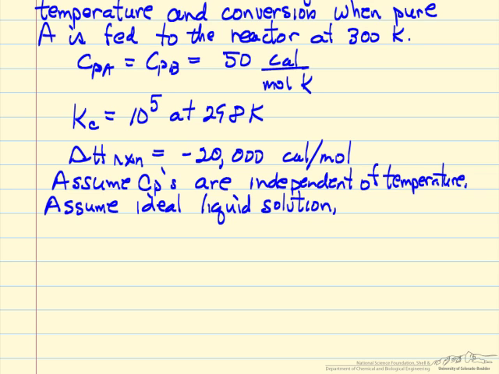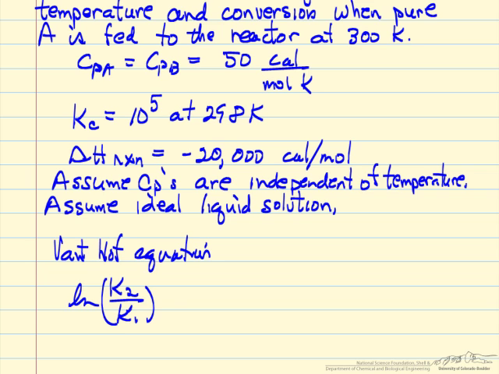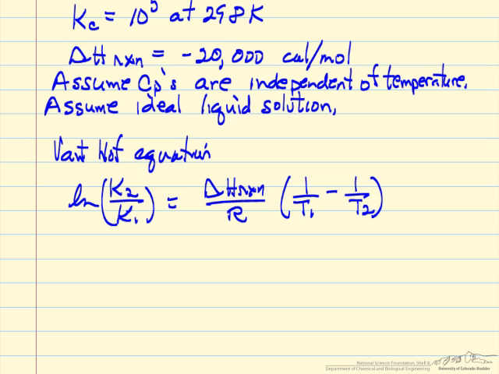First, let's look at the relation between temperature and equilibrium conversion. So we're looking at the Van 't Hoff equation, which relates the equilibrium constant at temperature 2 to the equilibrium constant at temperature 1. And that's related to the heat of reaction, the gas constant, and then 1 over temperature 1 minus 1 over temperature 2, where of course the temperatures have to be absolute temperatures.